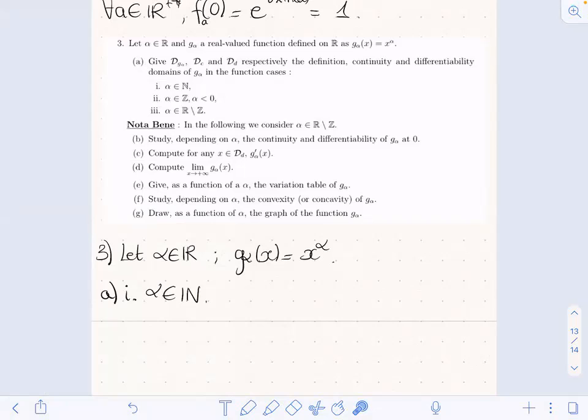Where's the x squared mapping, continuous and defined and differentiable? On R? Yeah, absolutely.